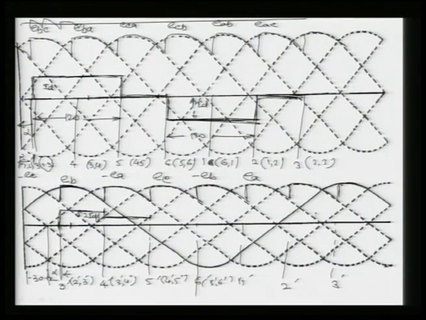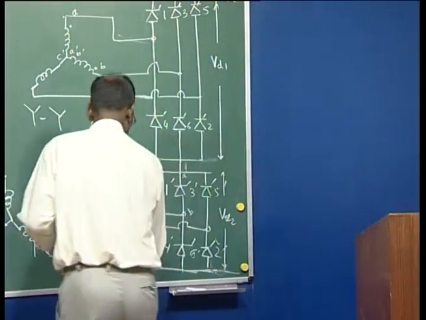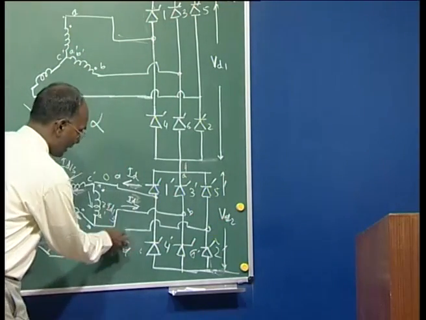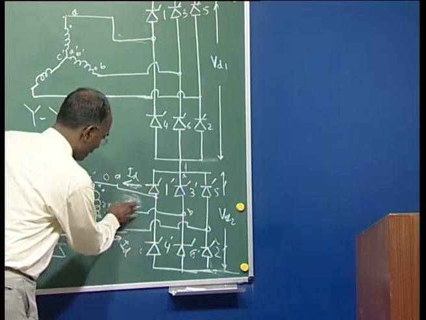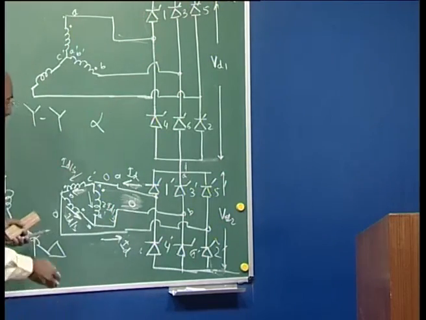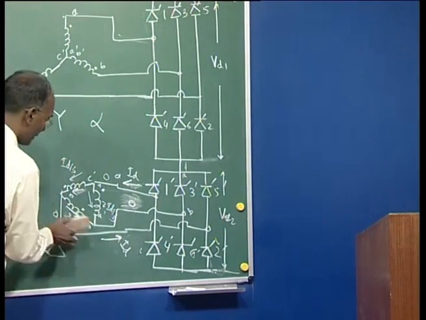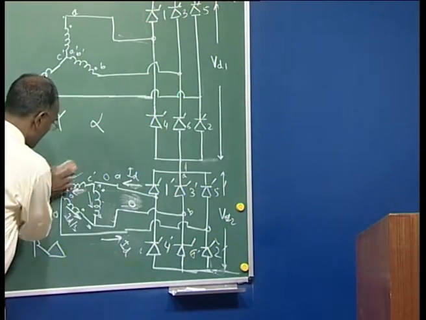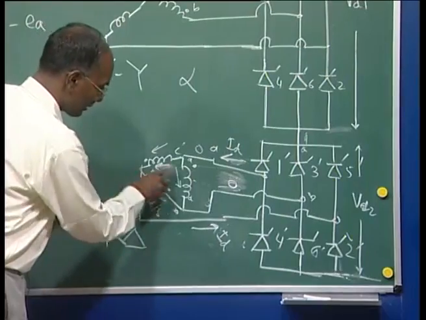Now, when 4 and 5 are there, here it is going to be ID, and this 4 is 0 now. So, we can again analyze what will be the value of these currents.